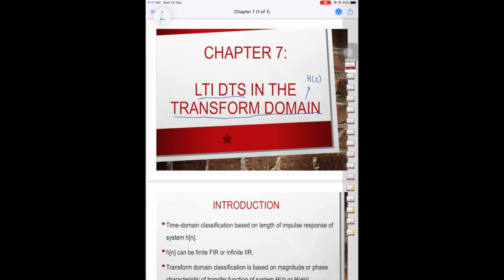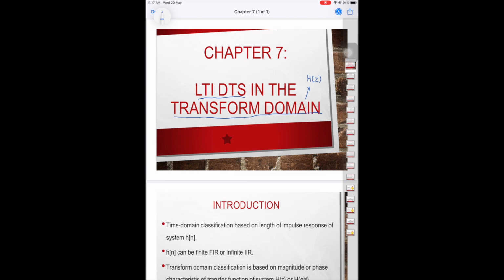So where to get the pole value? You get it from the denominator part. But in chapter 7, we are going to look at the zeros value. So where to get the zeros value? It is coming from the numerator part. That is the difference between chapter 6 and 7.